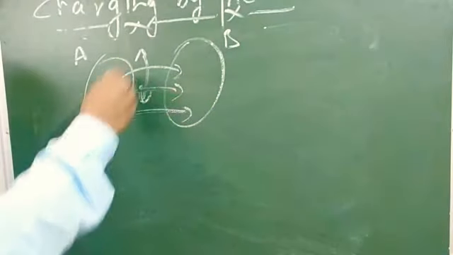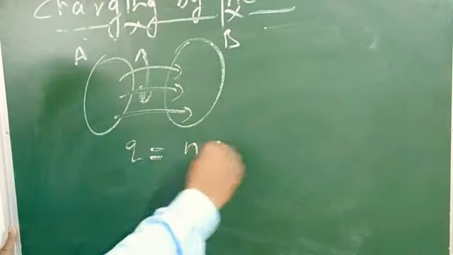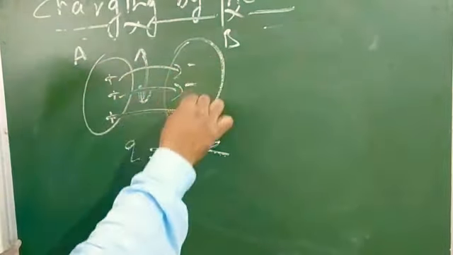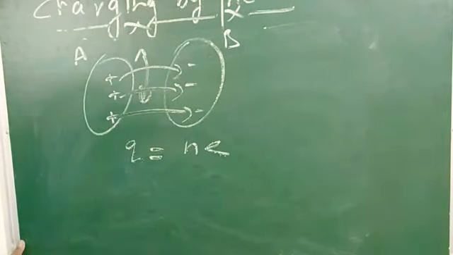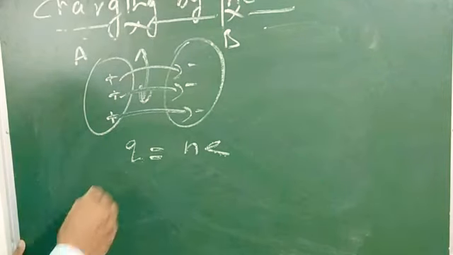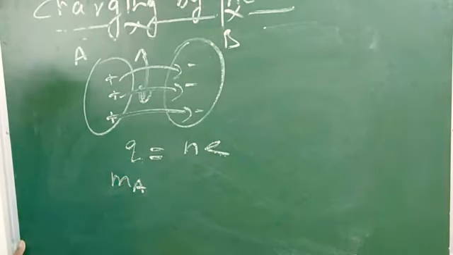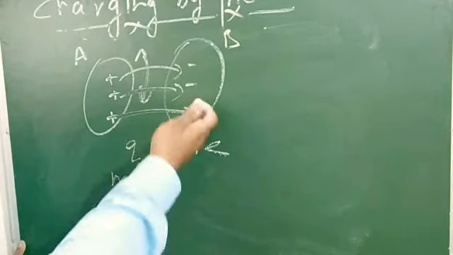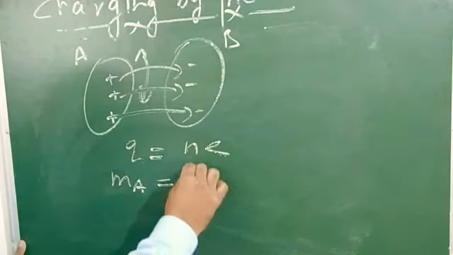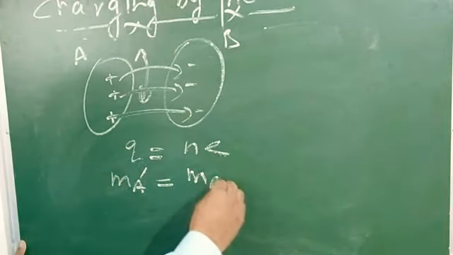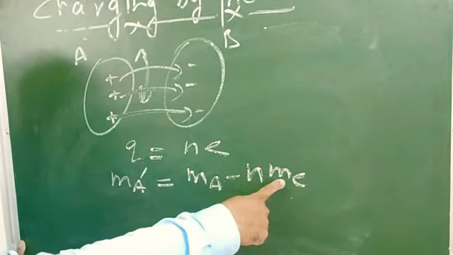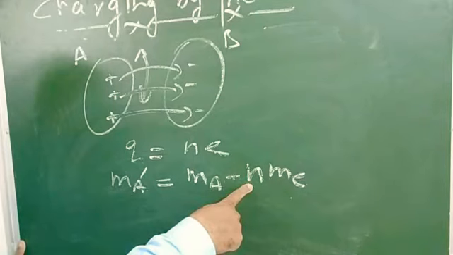Initially, before charging, the mass of body A was ma, and after charging, if n electrons are transferred from this body to the other, then the mass becomes ma' = ma - n me, where me is the mass of one electron and n is the number of electrons transferred.